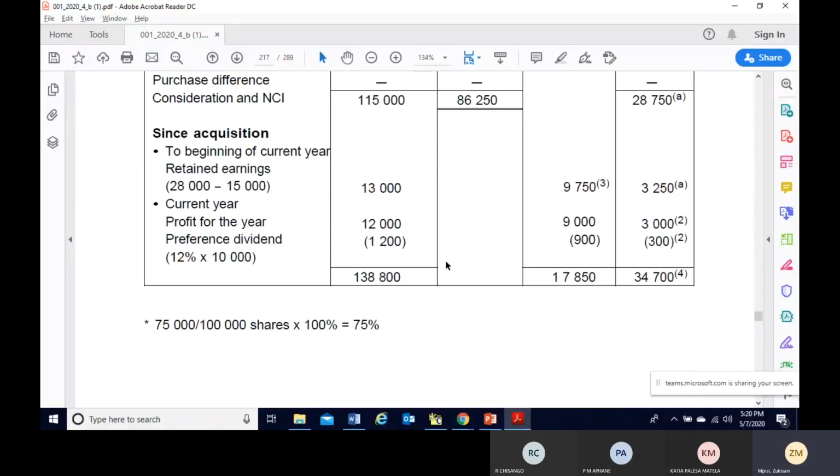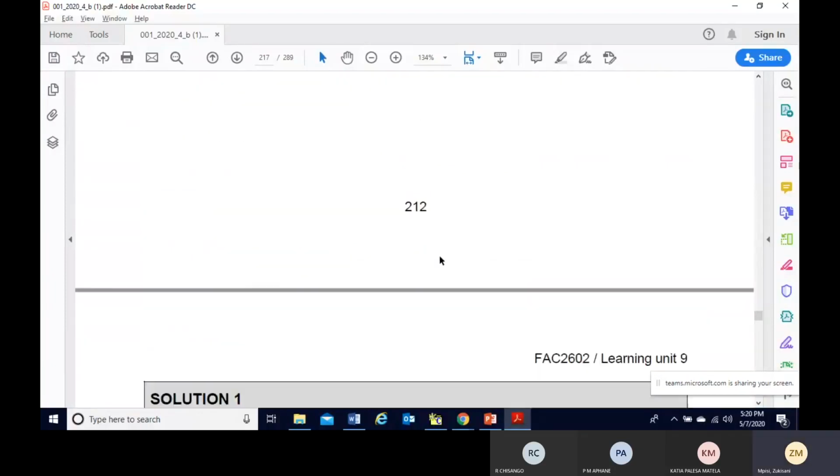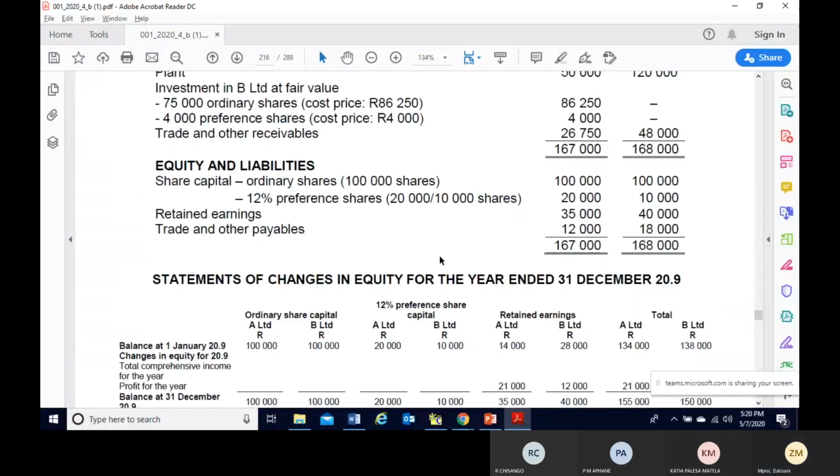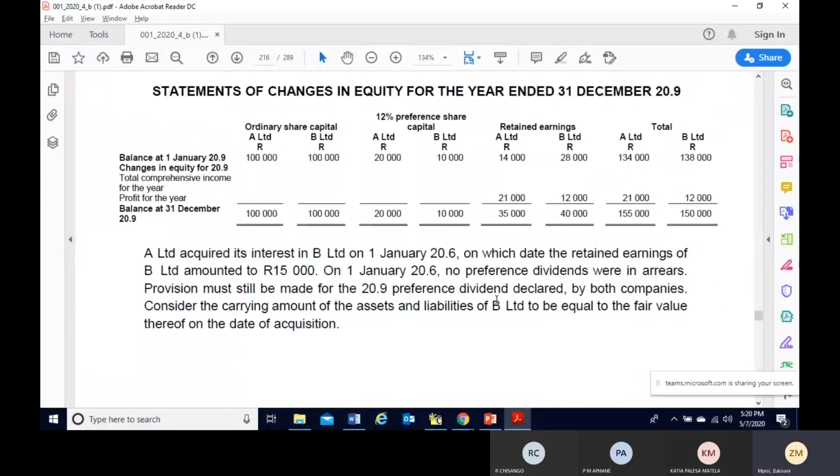The difference for you to learn now in terms of preference shares is if a preference dividend has been declared. In this case, you are told that no preference shares were in arrears.